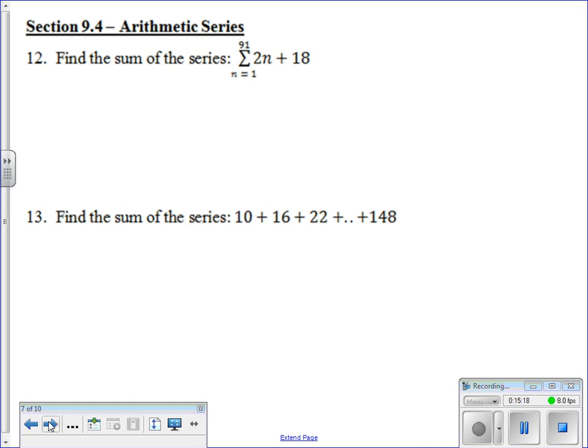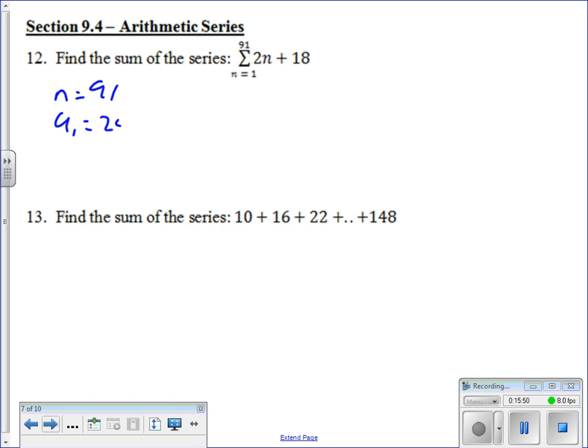Okay, find the sum of the series. Sum formula for arithmetic series: the number of terms divided by 2 times the first term plus the last term. So I need to have the number of terms that we're adding together. Remember, it's the top minus the bottom plus 1. Because we start with 1, it is that. So n is 91. My first term, plug in 1 for n.